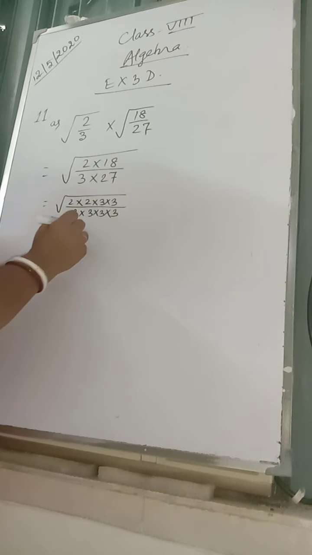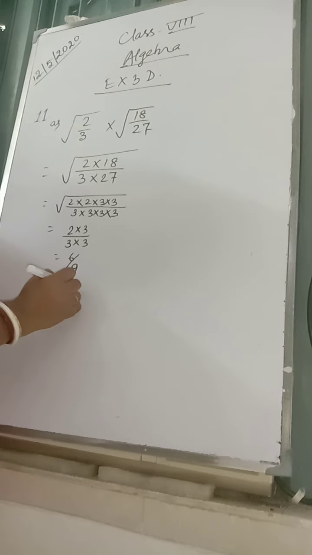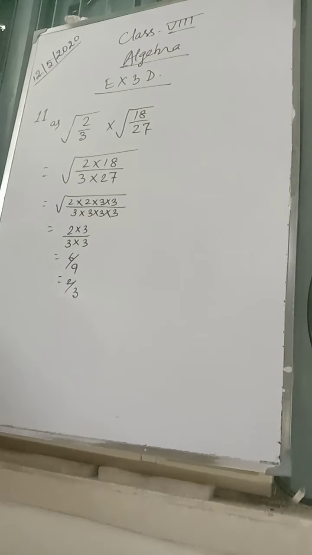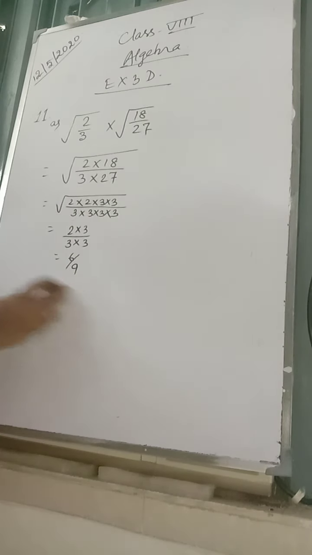So this gives you 2 into 3 and down it gives you 3 into 3, 6 by 9, or 2 by 3. Or better you write 6 by 9 only, no need to write 2 by 3.